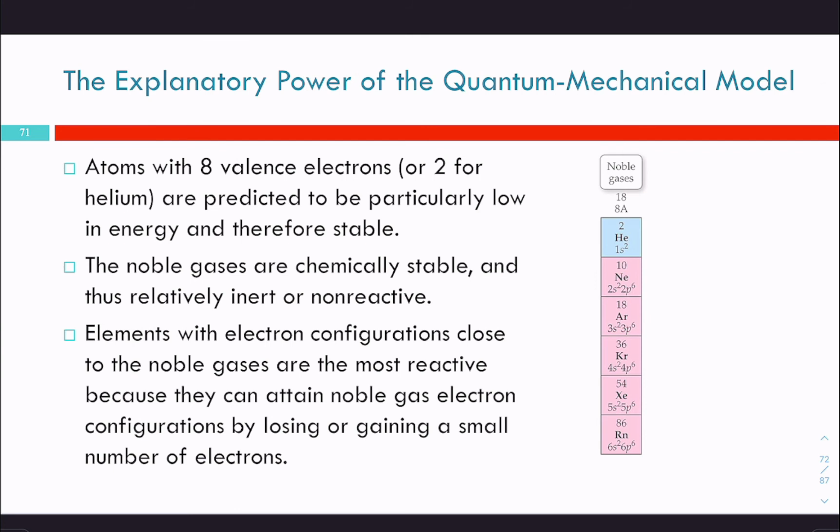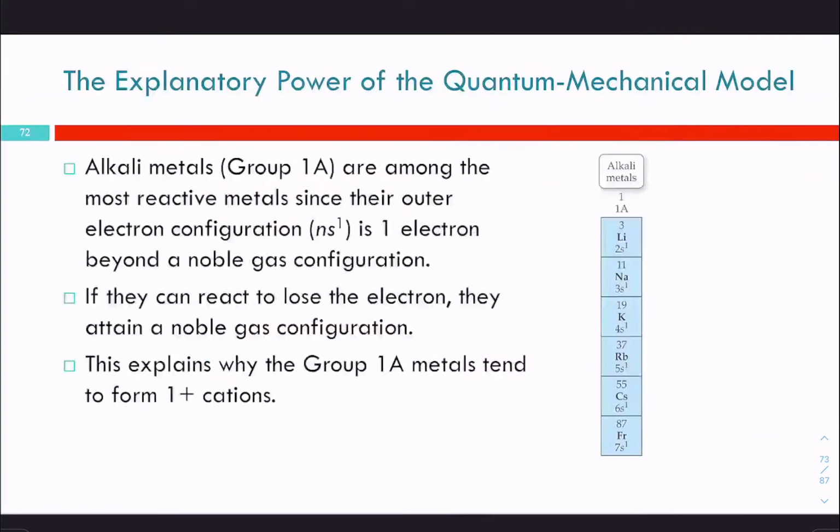The elements with electron configurations that are close to the noble gases are highly reactive because they either want to get one more electron to be like a noble gas, or they want to lose one electron to become like a noble gas. So hydrogen is in column 1, though hydrogen's a little bit of an exception.